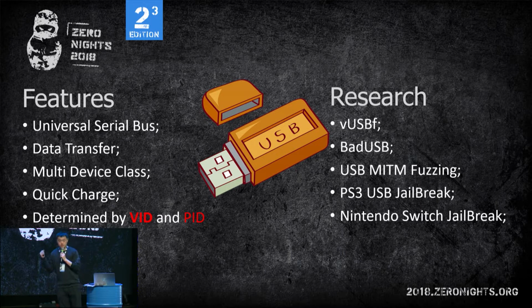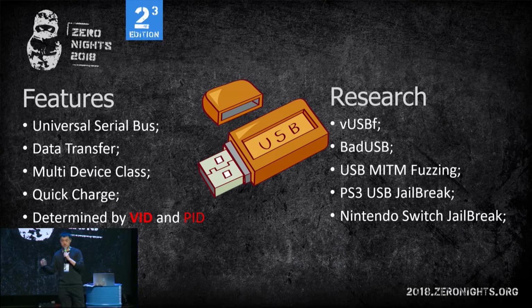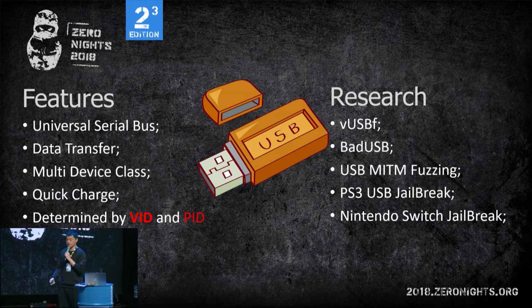The latest news in USB research is the Nintendo Switch jailbreak, which is in the USB stack when processing some command. It causes a buffer overflow, and they can gain very low-level code execution and bypass any security features inside the console.